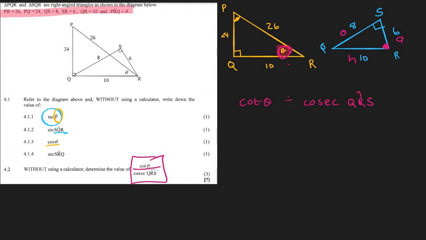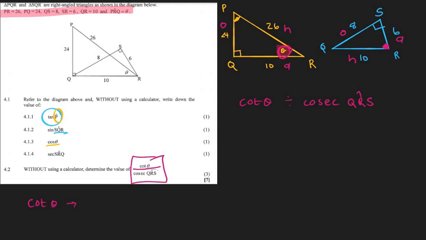This is going to be adjacent, this is opposite, and that is going to be my hypotenuse. What do I know about cot? That is the reciprocal of tan. So I now know that cot theta is going to be the reciprocal of tan.